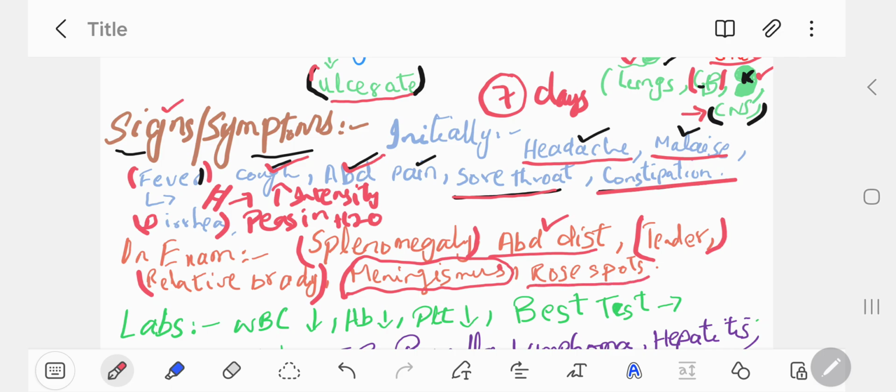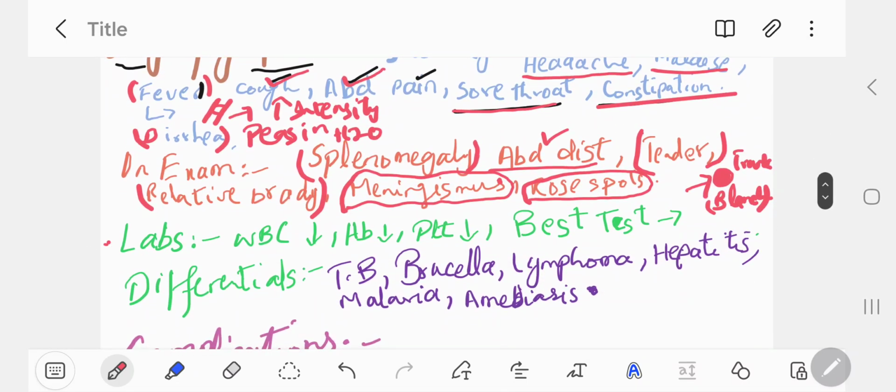And also there are rose spots. What are rose spots? Rose spots are small spots or papules that are present on the trunk, and these blanch when you apply pressure.